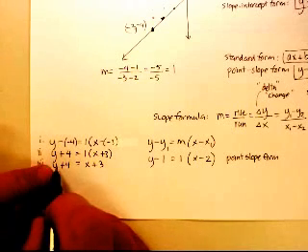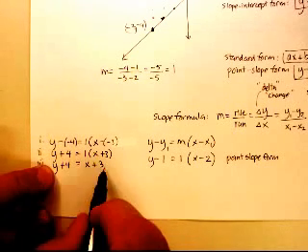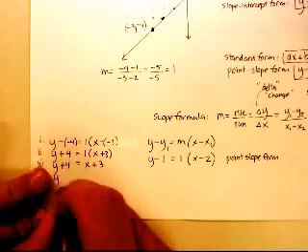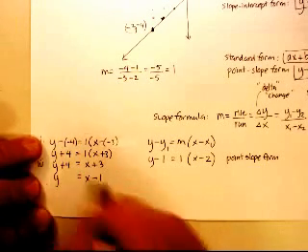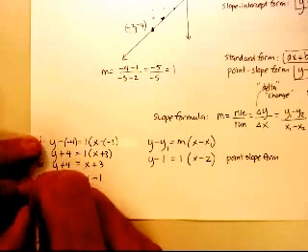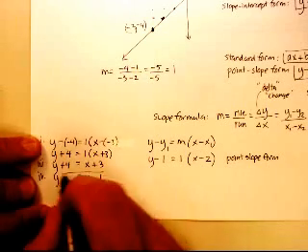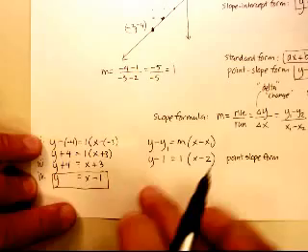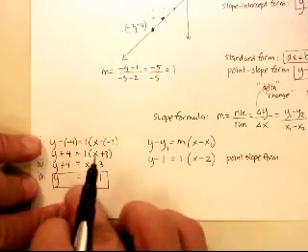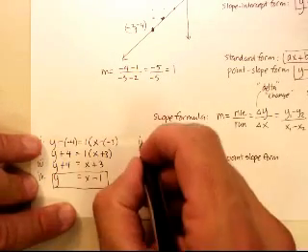And now I'm just going to solve for y. So let's move the 4 over here. Let's subtract it. And you get y is equal to x minus 1. Okay? Do you recognize that form? That's the slope-intercept form. Now, if we work this one out, we should get the same equation. Let's see if that's true.